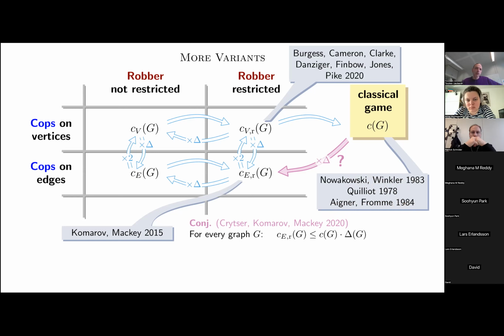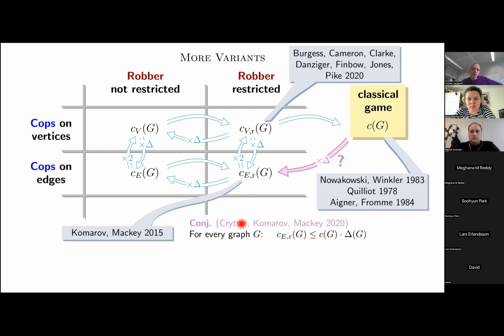Then these surrounding variants are newer. The edge variant has been proposed in 2015, actually in a technical report. This is a subset of these authors, and the paper is also a subset of this paper, where they introduced the surrounding edge variant. So it's been around roughly 7-8 years.